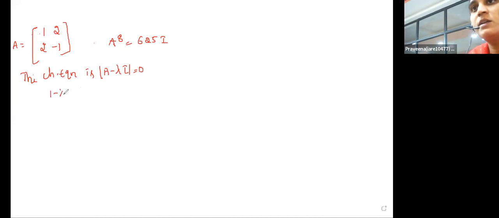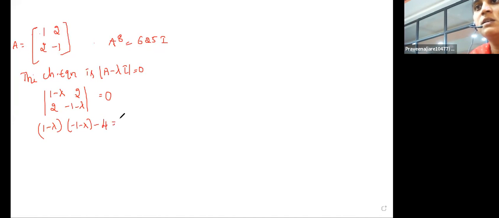That is, the determinant of [1 minus lambda, 2; 2, minus 1 minus lambda] is equal to 0. From that, (1 minus lambda)(minus 1 minus lambda) minus 4 is equal to 0. Tell me the polynomial for this.